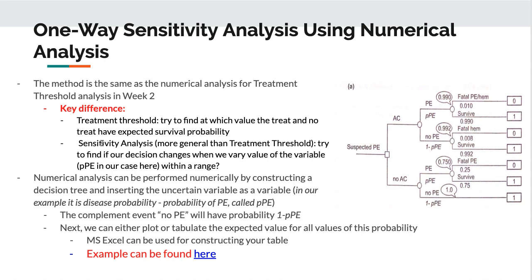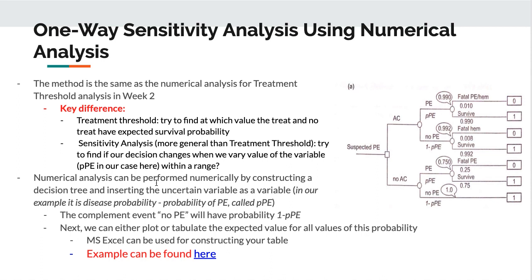On the other hand, the sensitivity analysis can be considered more general than treatment threshold analysis and tries to find out whether the decision changes or not when we vary the value of the variable. In our case here, the probability of PE, within the range of the PPE.